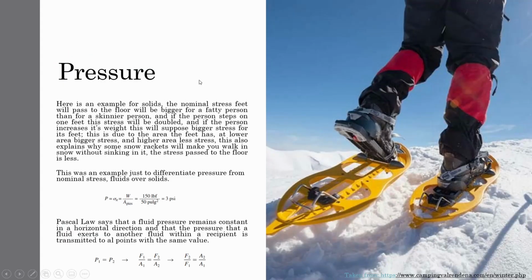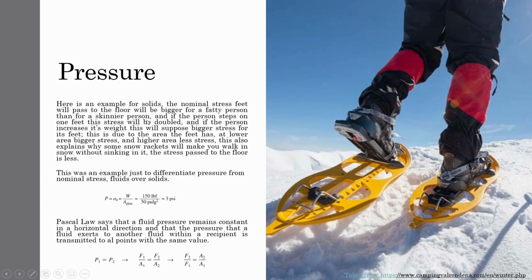A good way to identify pressure and normal stress is this example. When we're standing, we are exerting some pressure on the floor and on our feet. The bigger we are, the bigger the pressure our feet will suffer.